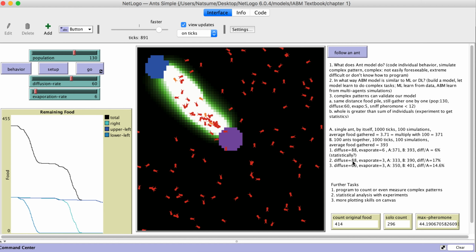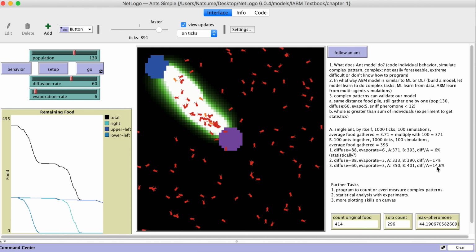But when we try different parameters, say evaporation from 6 to 3, the difference becomes a lot larger, from 6% to 17%. And if we change diffusion from 88 to 60, we still get a very big difference.